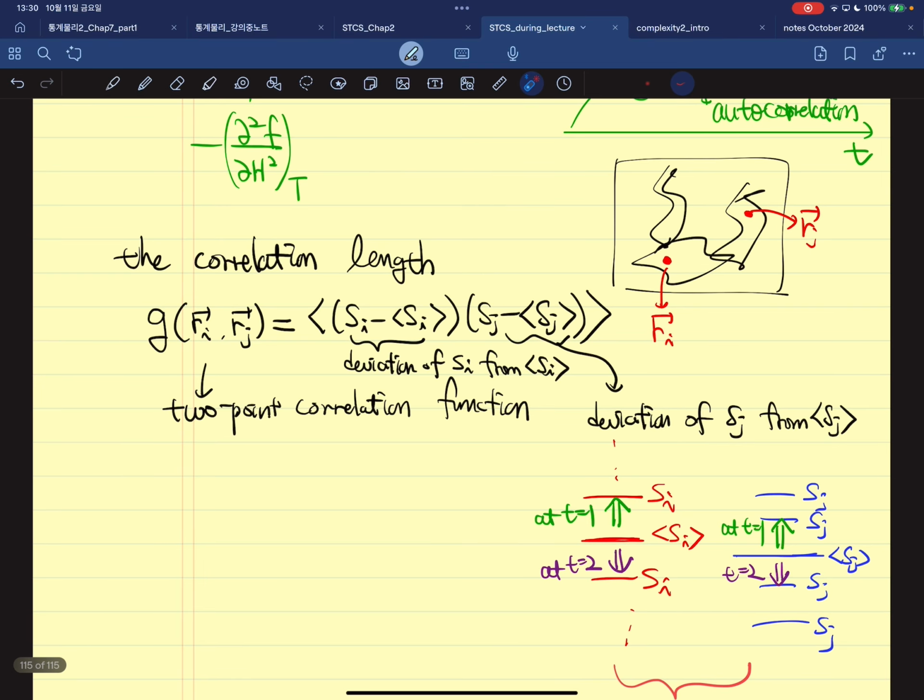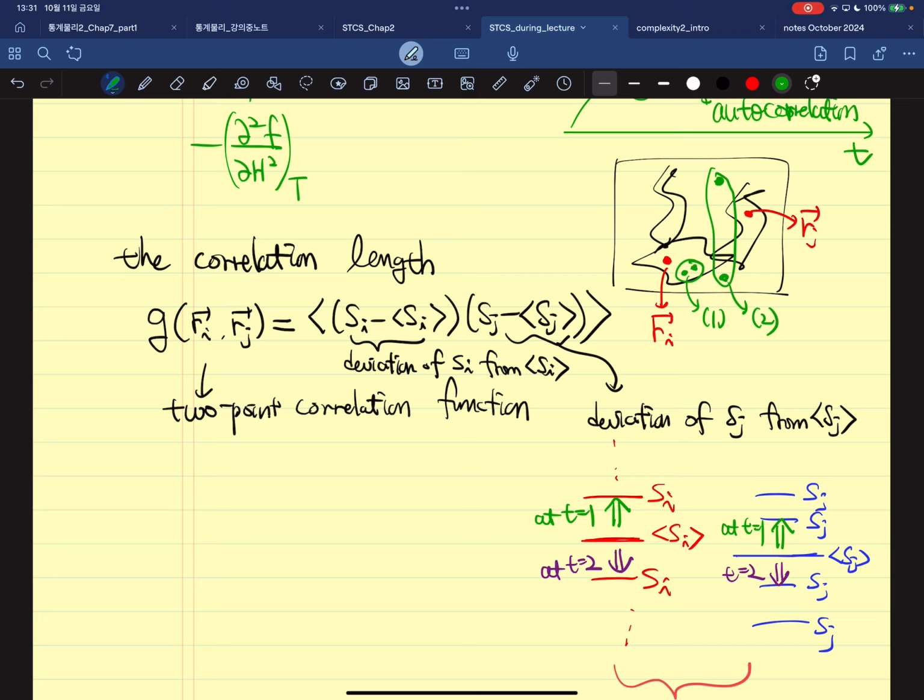So suppose you have these two pairs, pair 1 and pair 2. Which of these two pairs are more correlated to each other in the Ising model?